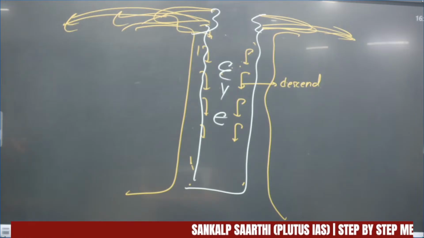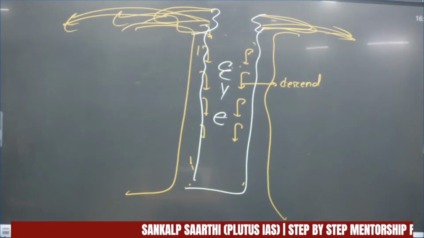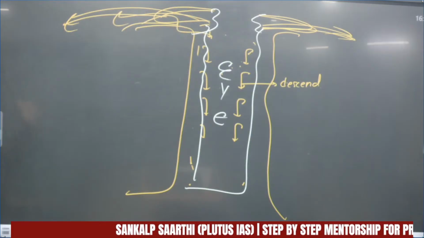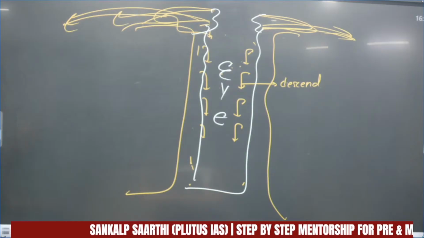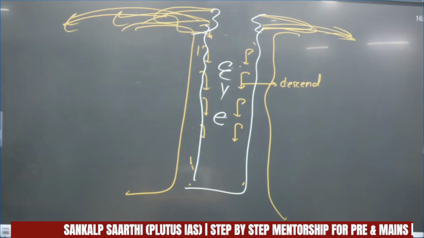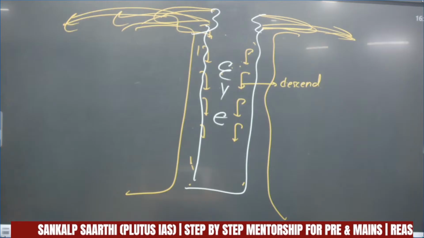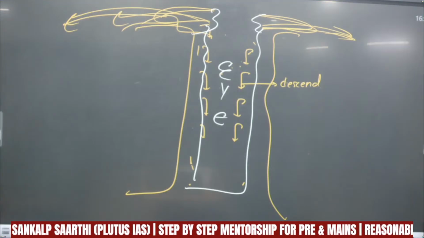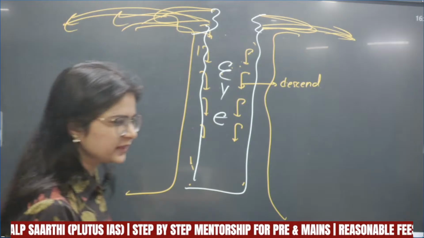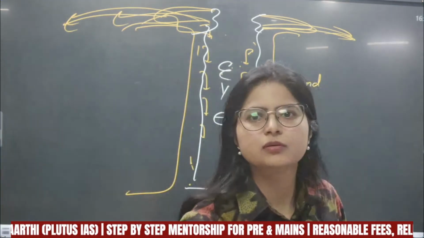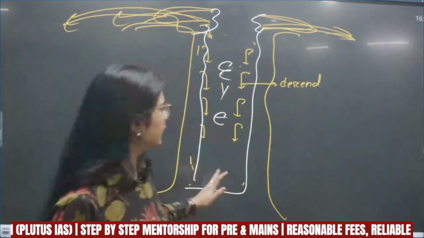Because as you're going up the density is also decreasing. Density decrease होती है, एयर का टेम्परेचर डिक्रीज होता जाता है, and then जो टेम्परेचर डिक्रीज हो जाएगा, it has to descend. Getting it? Right? This is the eye.